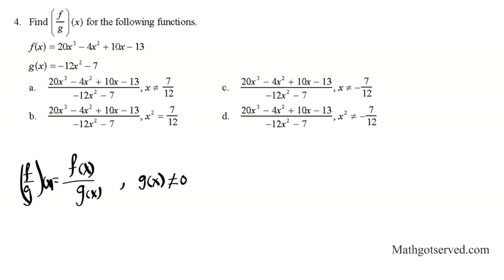F of x is 20x to the third minus 4x squared plus 10x minus 13, and that whole thing divided by negative 12x squared minus 7.